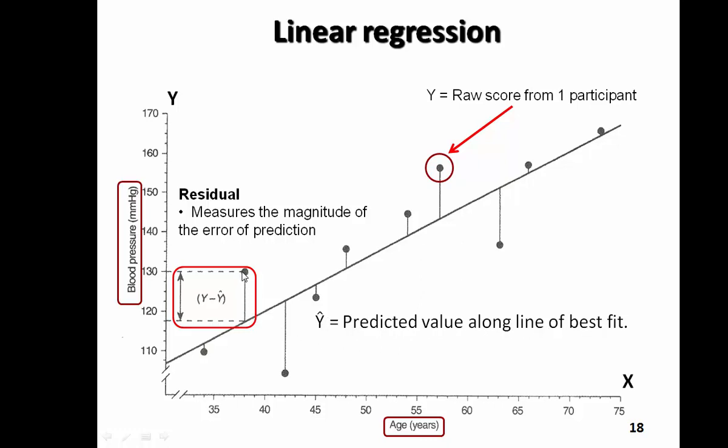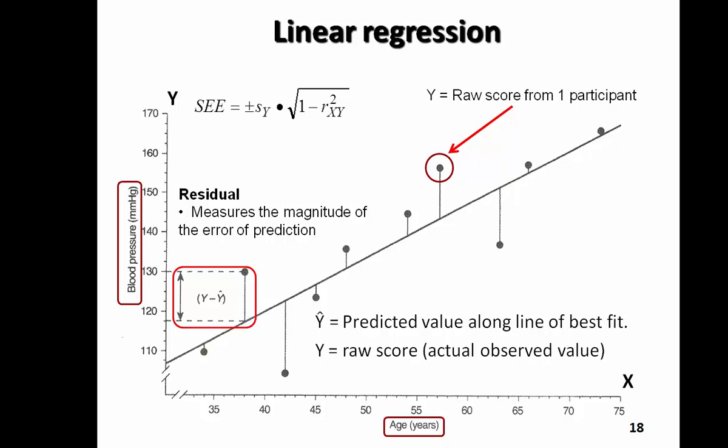So for this data point here, we would enter this particular person's age into the prediction equation and calculate through to get a value that would be right on the line. But we notice that the actual value is greater than what is predicted for this one person, where y is the raw score, which is the actual observed value.